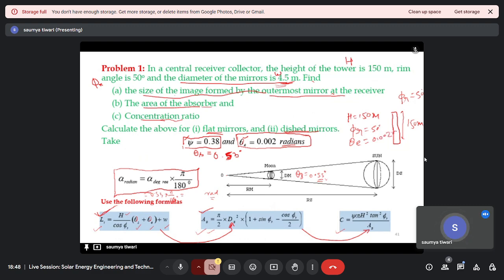This is in radian. Your theta s is already given. This is given as 0.53. This is in degree, right? Note that it should be converted into radian while putting the value here, right? And then we already know the diameter of the mirror W, right? That is given as 4.5 meter.